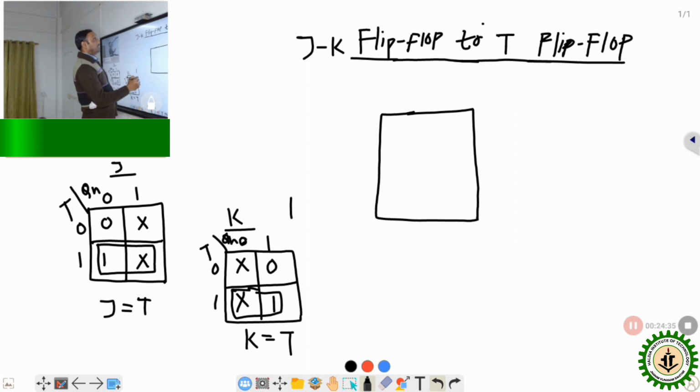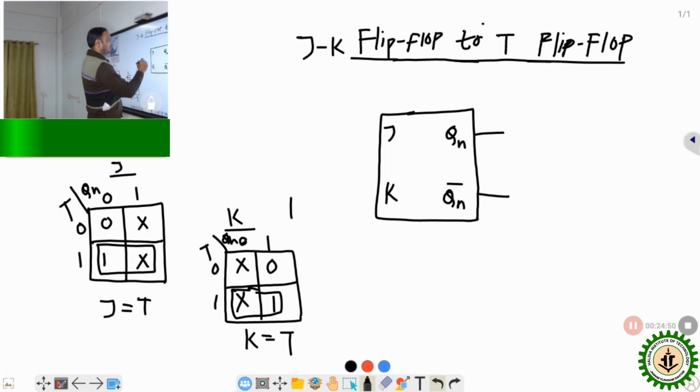It is JK flip-flop to T flip-flop. That means it is J, K, Qn, Qn bar. This is clock.